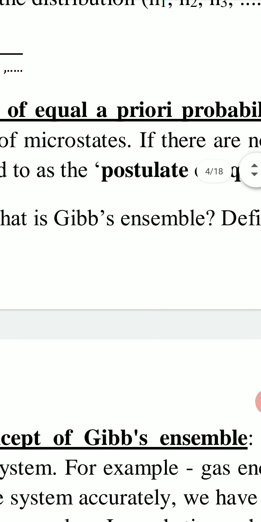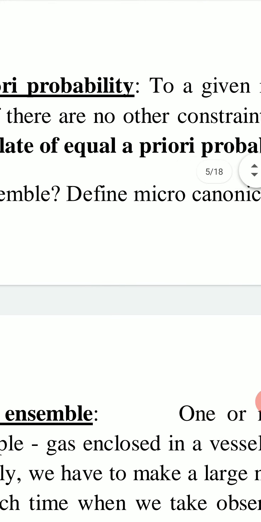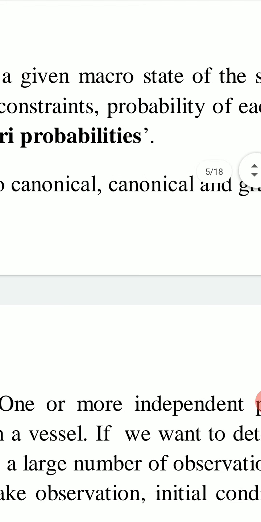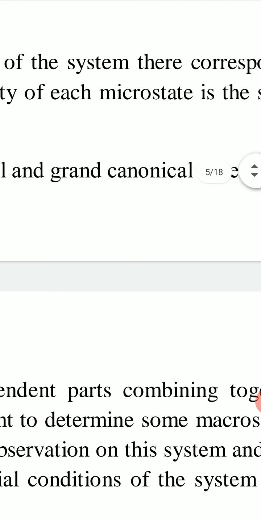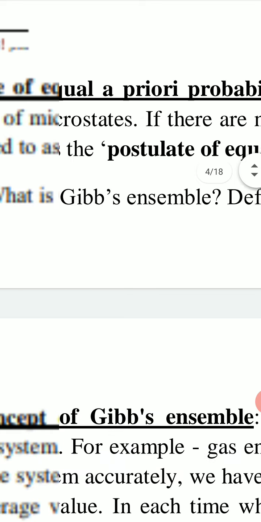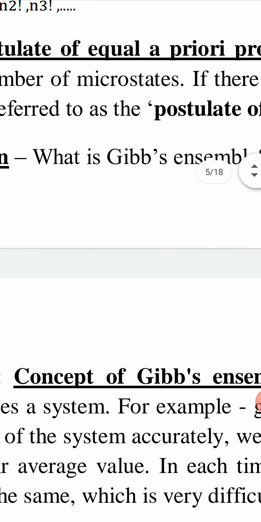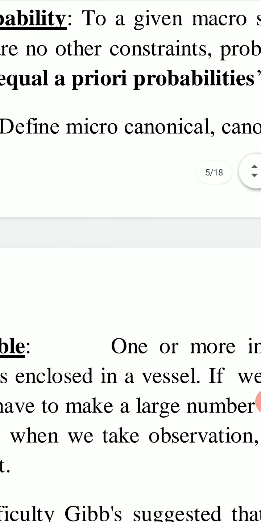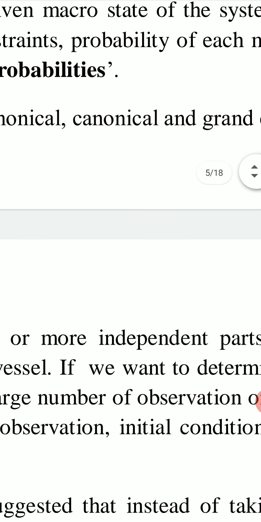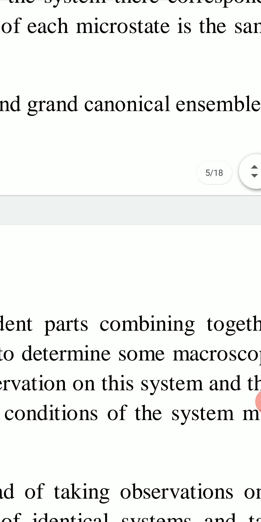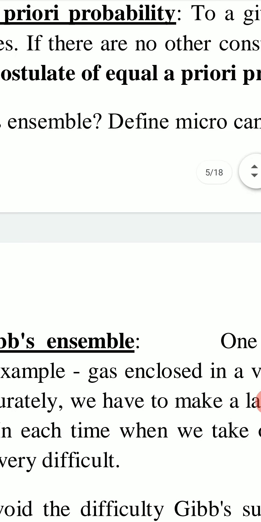Postulate of equal a priori probability. To a given macrostate of the system, there correspond a large number of microstates. If there are no other constraints, the probability of each microstate is the same.